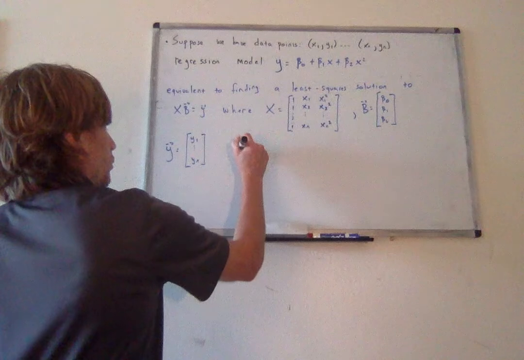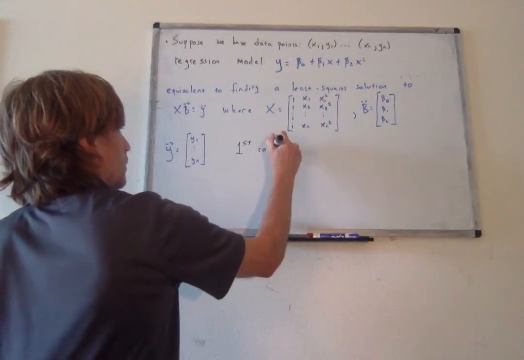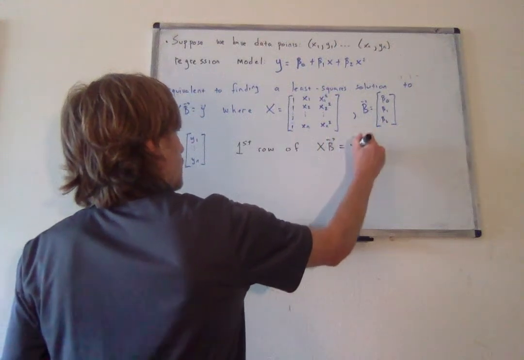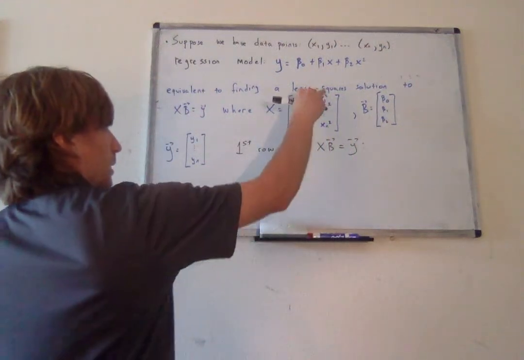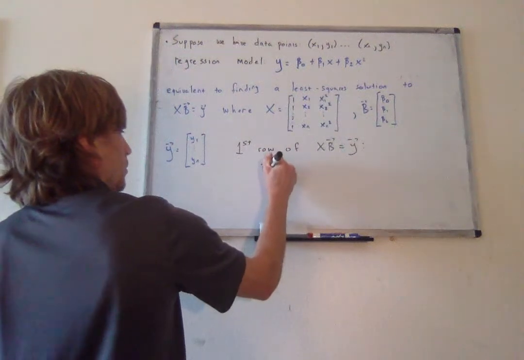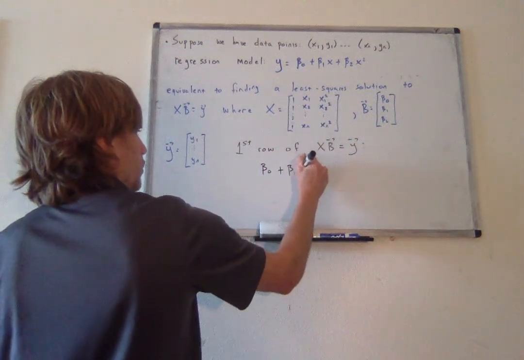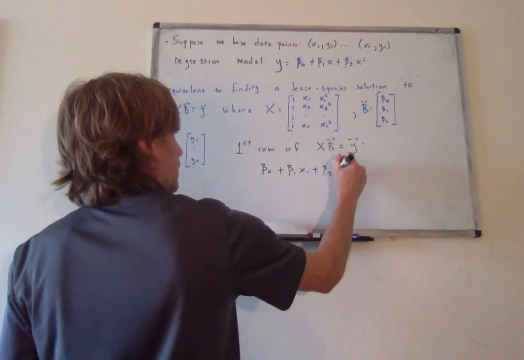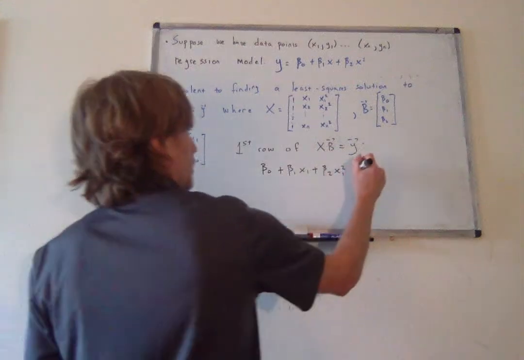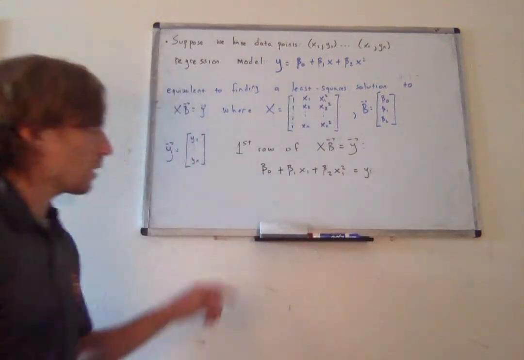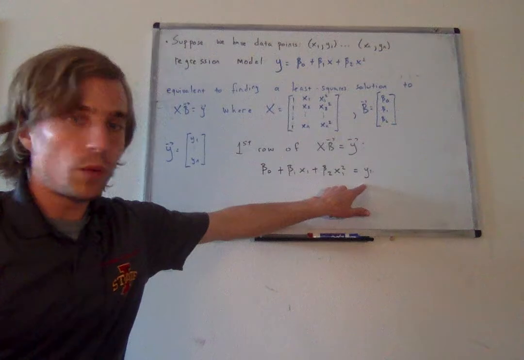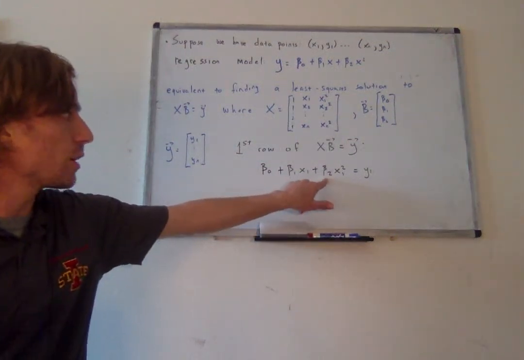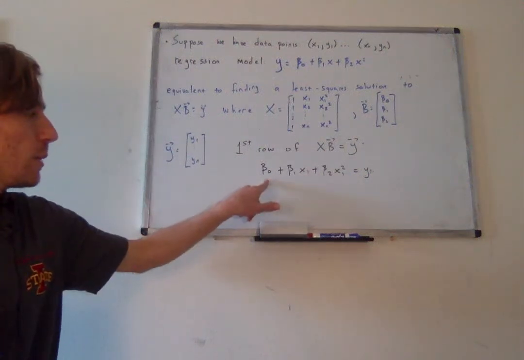So the first row of Xb equals y, doing my matrix multiplication dance, I would get beta naught plus beta 1 x1 plus beta 2 x1 squared, is equal to y1. But remember, we're just trying to predict y1 given this function of x1, given x1 squared times beta 2 plus x1 times beta 1 plus beta naught.